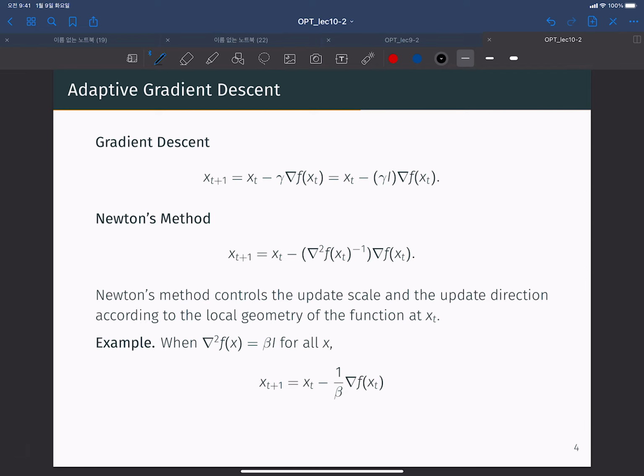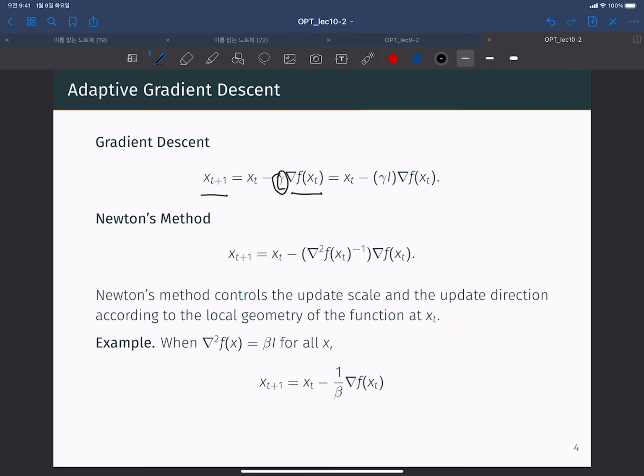So let's compare gradient descent and Newton's method. In the gradient descent method, we simply have x_{t+1} equal to x_t minus gamma times the gradient of f(x_t). We just multiply the step size gamma to our gradient.